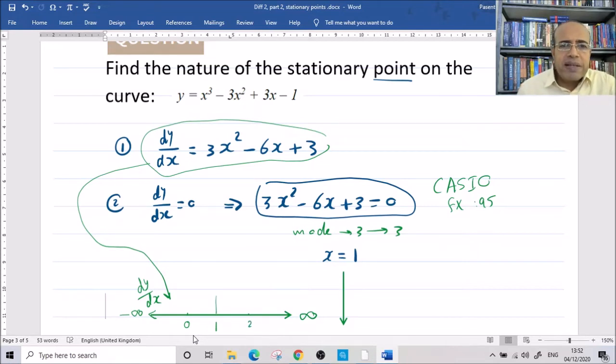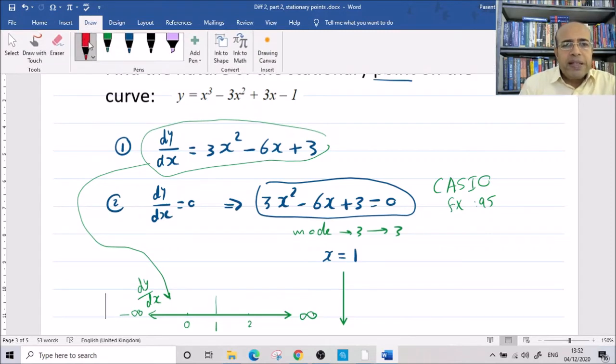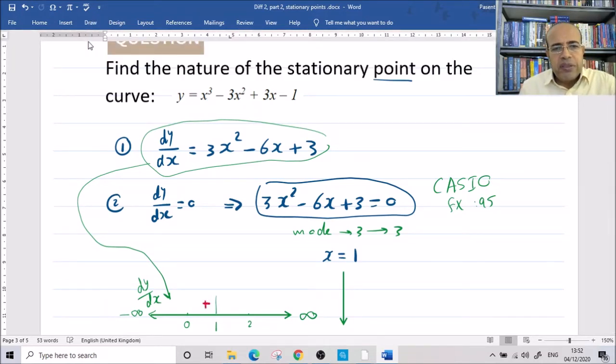When you replace x by 0 in dy by dx, you will get a positive value, so dy by dx is positive, so the function is increasing. When you replace x by 2 in dy by dx, you will also get a positive value, so the function is also increasing.